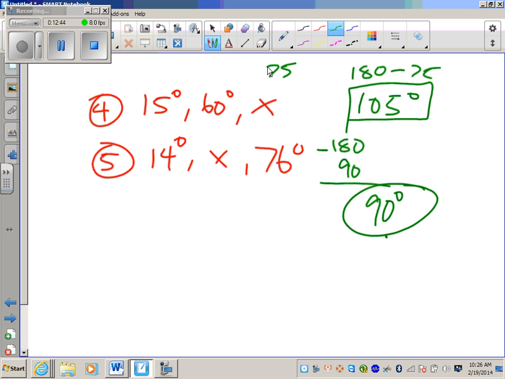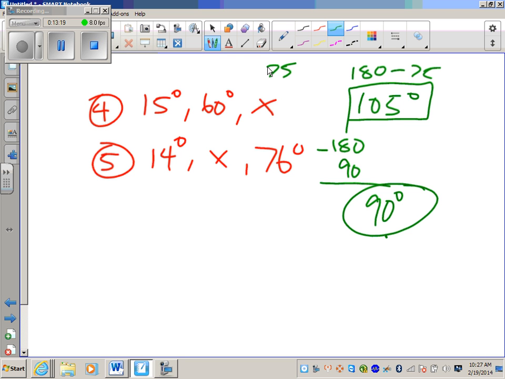12: isosceles, because of the 5 and 5, and acute again. Very good. 16: scalene by its sides, right by its angle. 17: isosceles and obtuse.